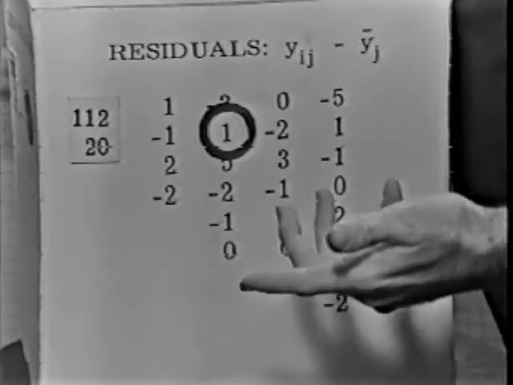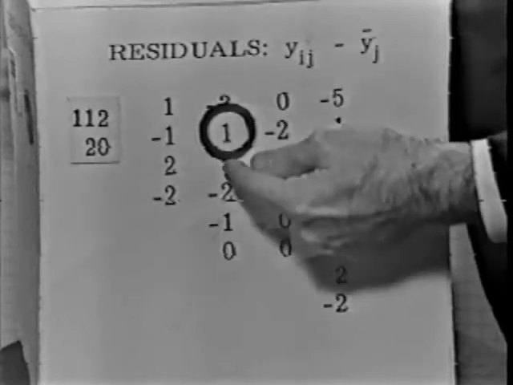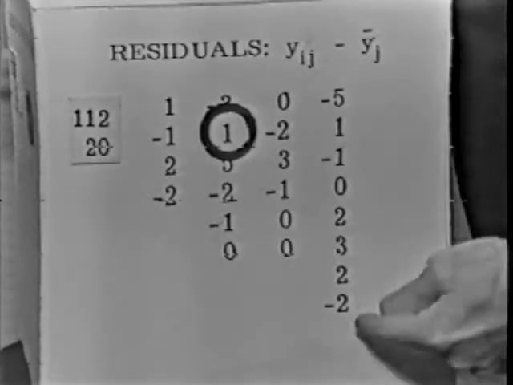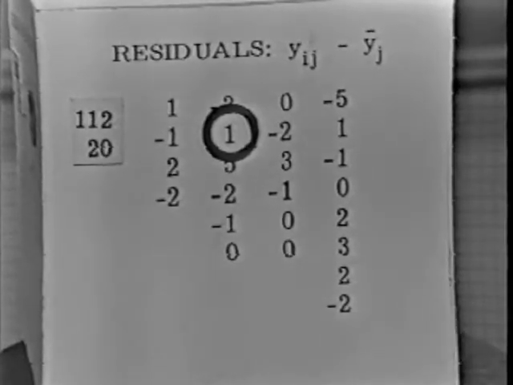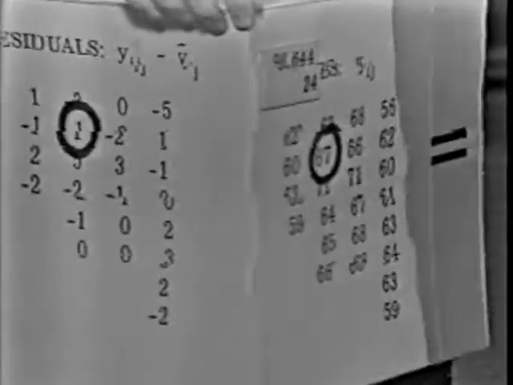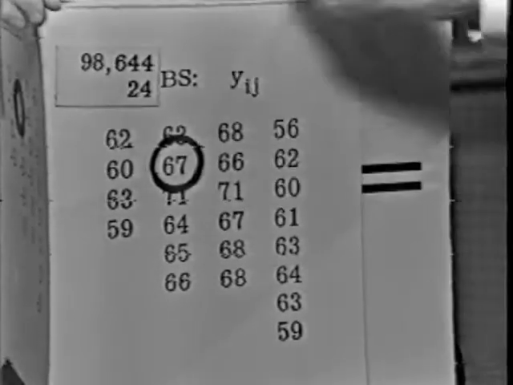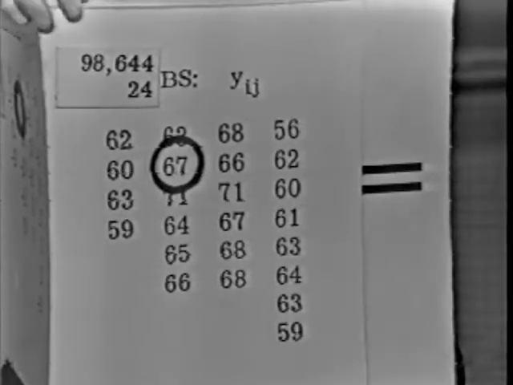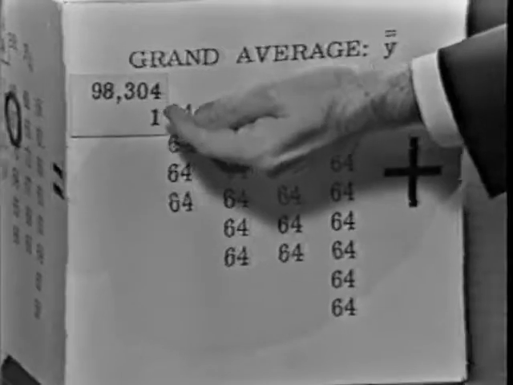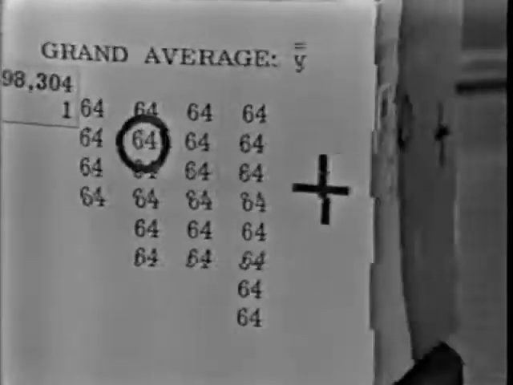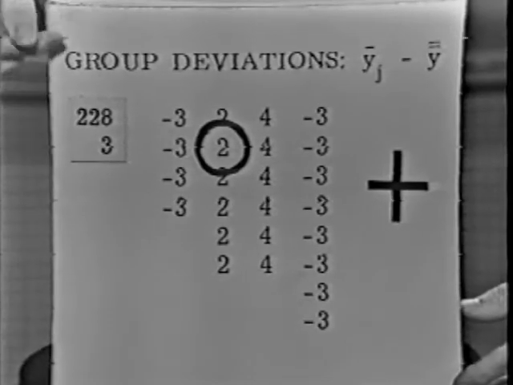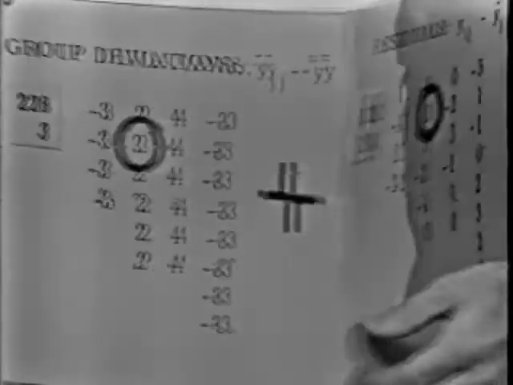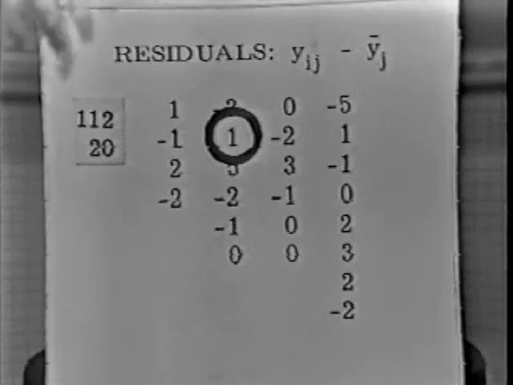Well, there'd be 3 degrees of freedom there, because they have to sum to 0. There'd be 3 there, 5 there, 5 there, and 7 there, all of which sums to 20. So there'd be 20 degrees of freedom. But more interesting is the fact that the 98,644, that total sum of squares, has by gum broken itself up into respective components: a piece for the grand mean, a piece for the group deviations, or the grand average and the treatment averages, 228, and finally a residual sum of squares.